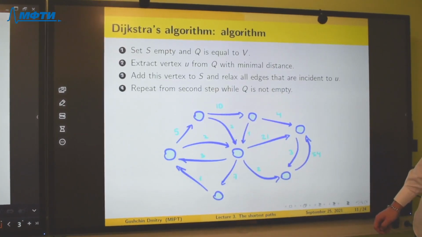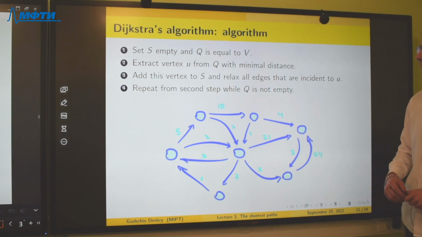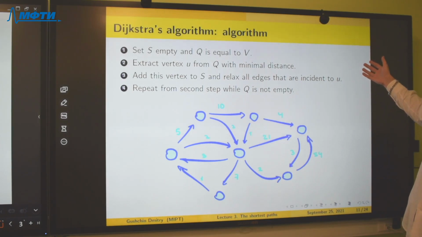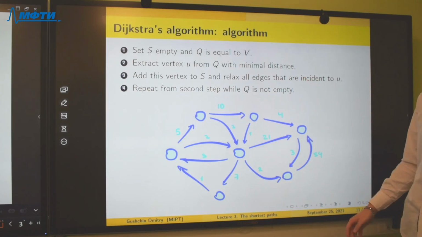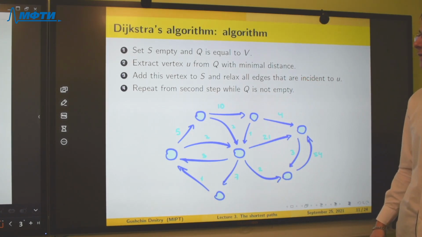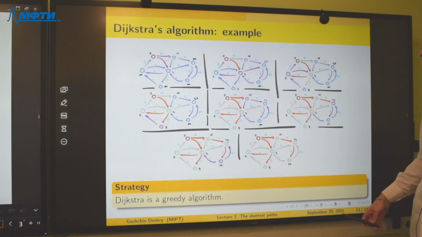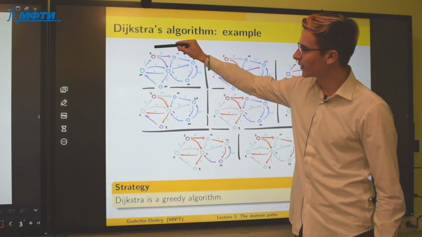Okay, about Dijkstra's algorithm. So, Dijkstra's algorithm has this idea and is repeated for all vertices in the queue while we have vertices in the queue. Firstly, for this example, we have vertex 0.